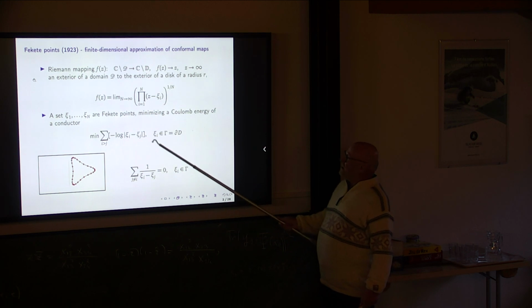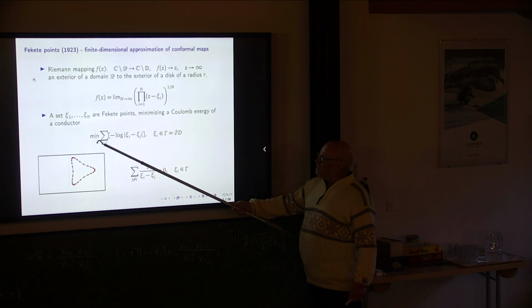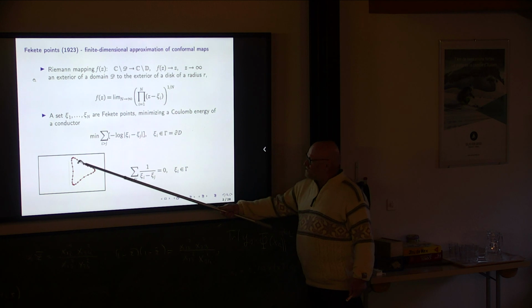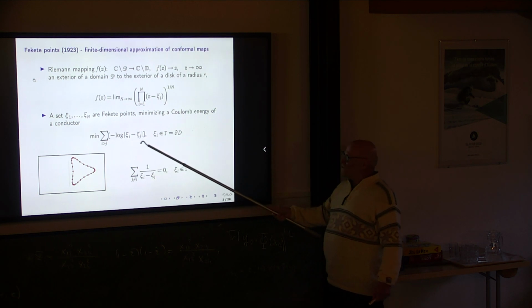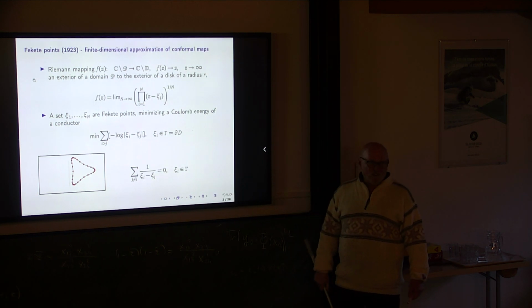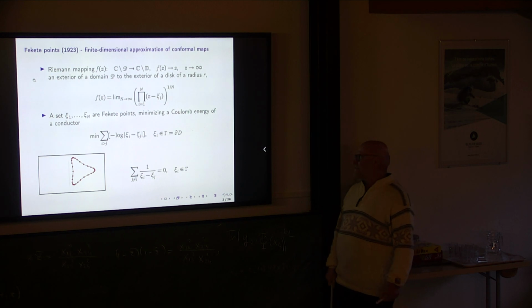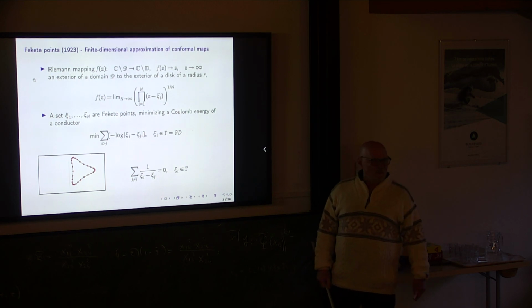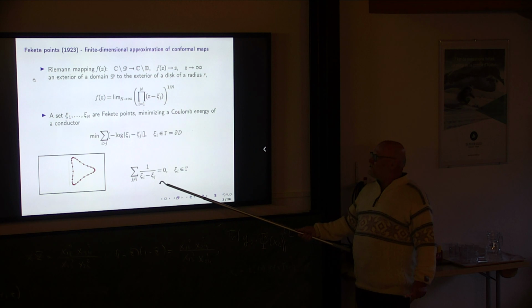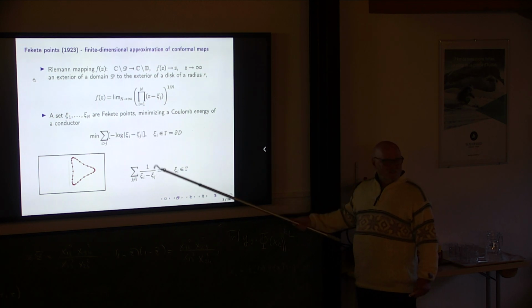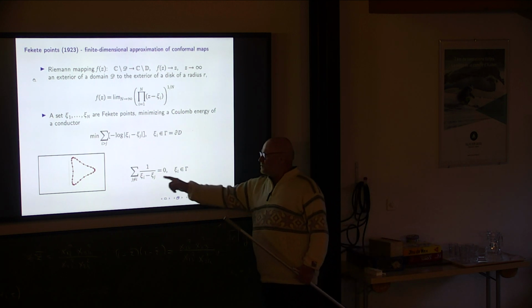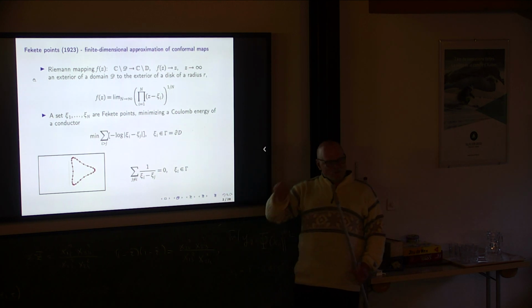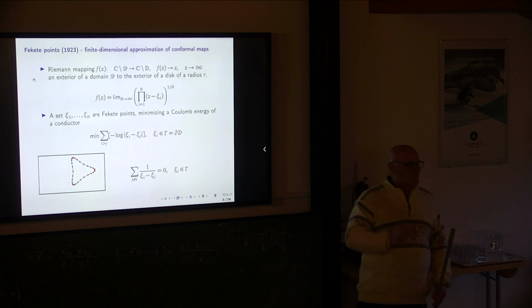And then I ask for a position of these points such that they realize a minimum of Coulomb energy. Those points are called Fekete points. They are basically a solution of this equation, a variation of this functional, under the condition that all of them belong to the curve. So those points are called Fekete points.